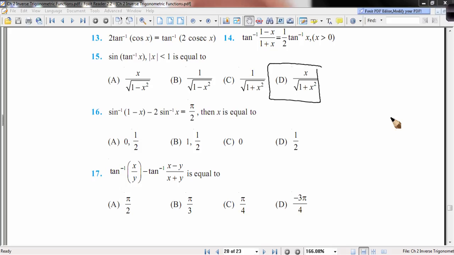Next question, tan inverse of x upon y minus tan inverse of x minus y upon x plus y is equal to. Okay, very good. Tan inverse of x upon y minus tan inverse of x minus y upon x plus y is equal to.